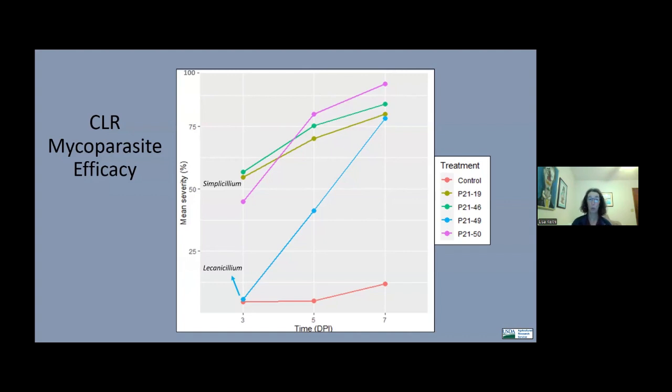Within essentially 3 to 4 days, we would see complete colonization and almost complete overtaking of the growth of Hemileia within the week as compared to a no spray control.